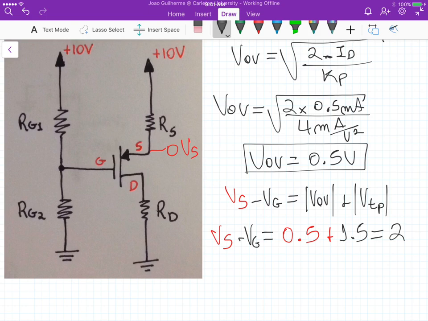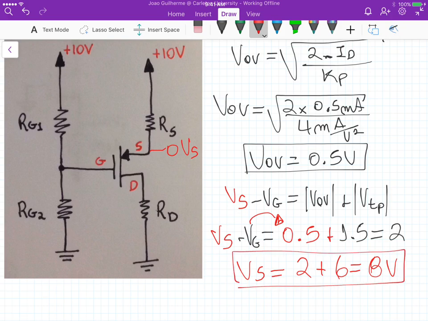Because we know the value of VG is 6, we can isolate VS here, and VS equals 2 plus 6, which gives us 8 volts. So that's the value of VS.